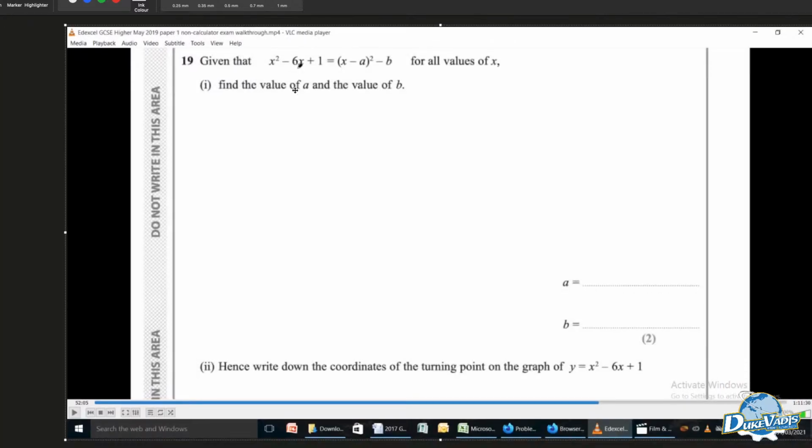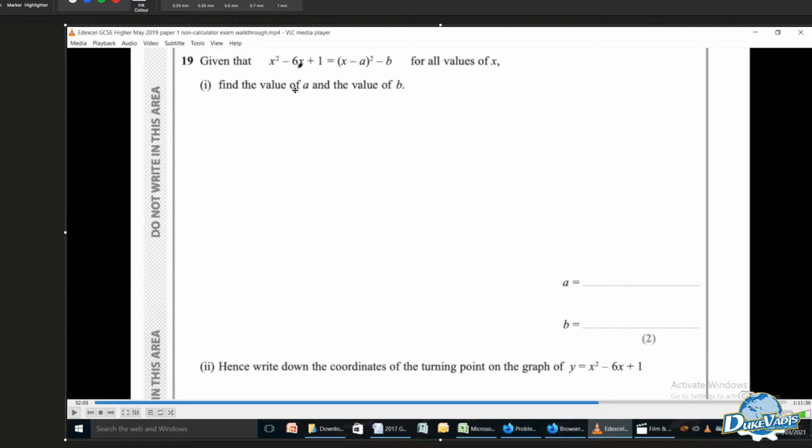Given that x squared minus 6x plus 1 is equal to (x minus a) squared minus b for all values of x, find the value of a and the value of b. And the last part is: hence write down the coordinates of the turning point of the graph.